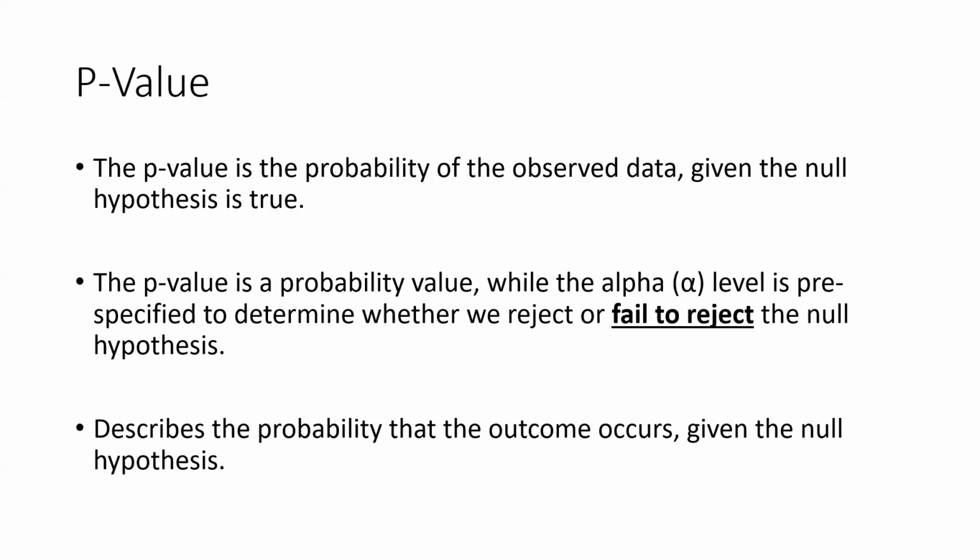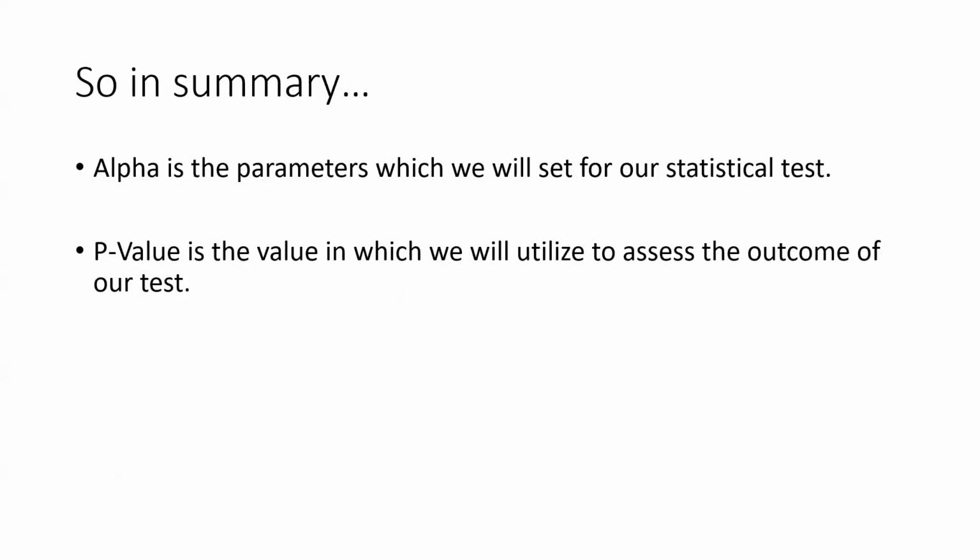It describes the probability that the outcome occurs given the null hypothesis. So in summary, alpha is the parameter which we will set for our statistical test, and the p-value is the value in which we will utilize to assess the outcome of our test.